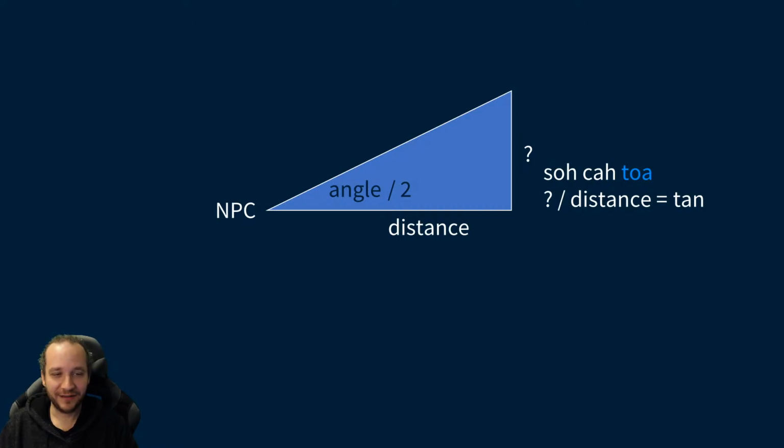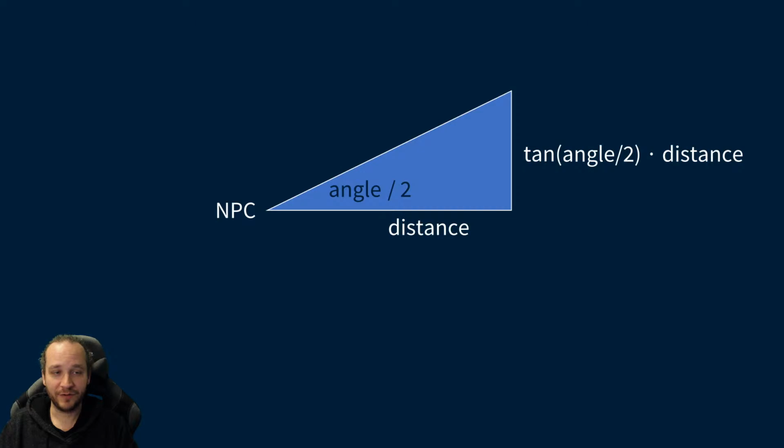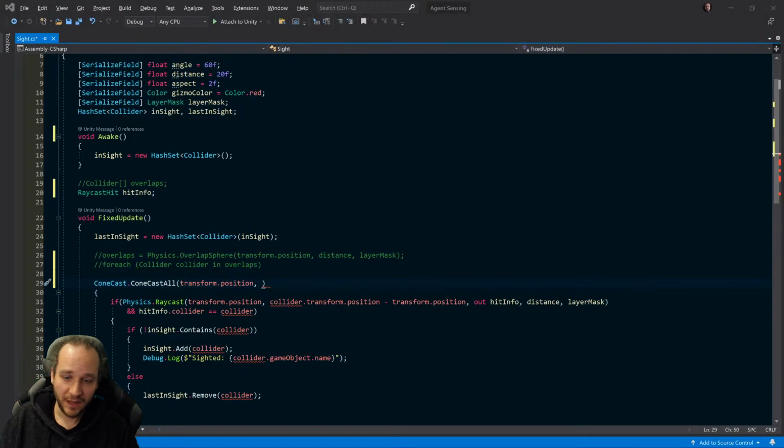Well, so you get that the one that we want divided by distance is the tangent of the angle divided by 2, and then the tangent of the angle divided by 2 times distance will be the one that we need. So that will be the radius of our ConeCast. Right, so that we can do.